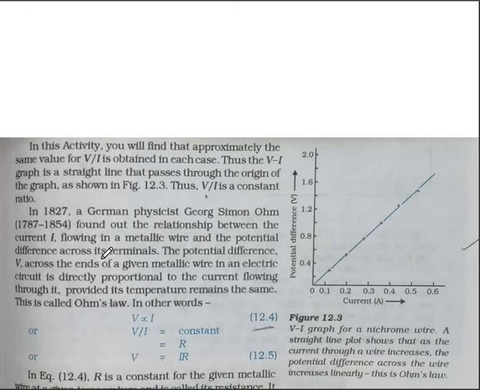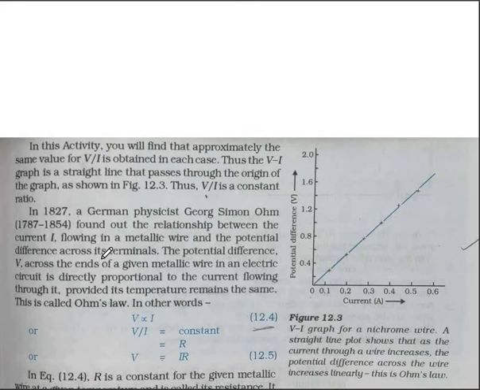Potential difference means voltage. That means the more voltage that is coming, the more current can be drawn. More voltage, more current. Less voltage, less current. That means potential difference and current both are directly proportional, provided the temperature remains the same.